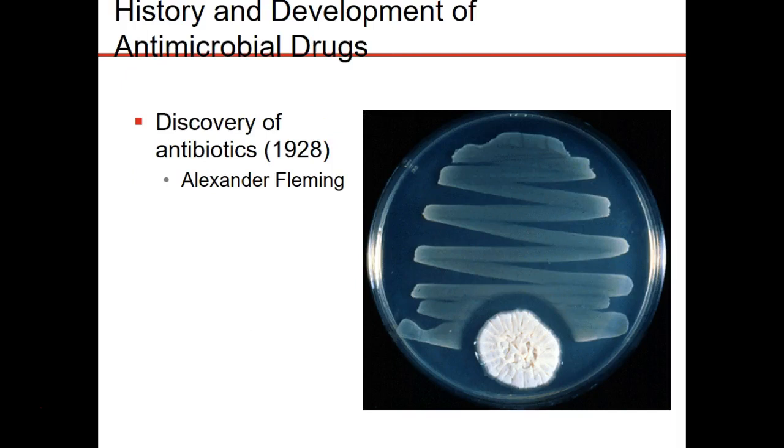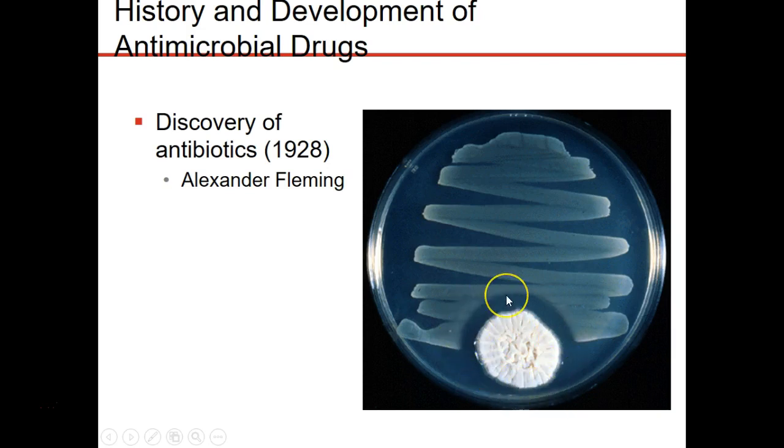Then Alexander Fleming found another drug or chemical. This is the first actual antibiotic, and he discovered it by accident when he left some of his petri plates by the sink. These plates had Staphylococcus on the plate, and what he noticed was there was this ring of inhibition where there was no staph growing around this fungus.